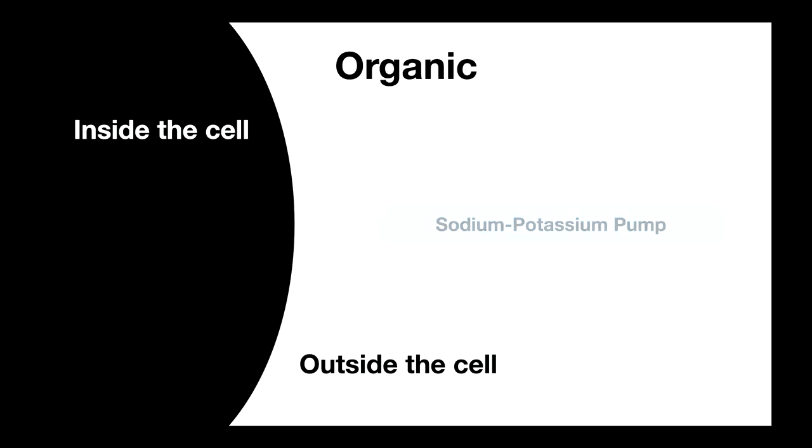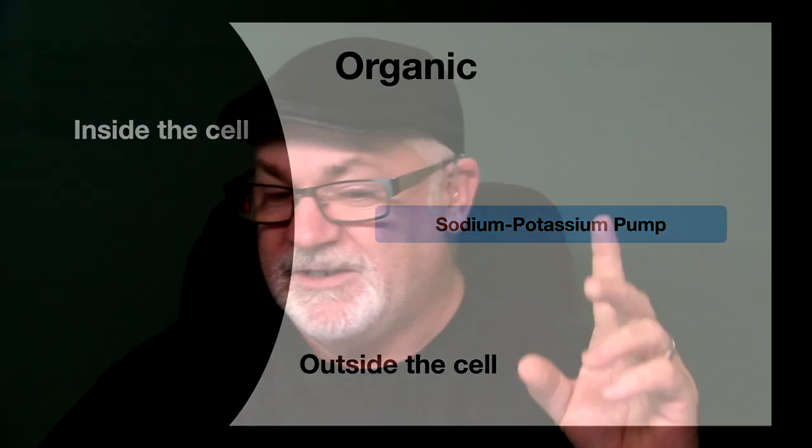And the concentration of sodium and potassium is... Now again, let me just say that it wants to have that equal concentration from the inorganic world, so that the sodium and potassium are not thinking about any of this. The natural tendency would be for them to equalize across that barrier.